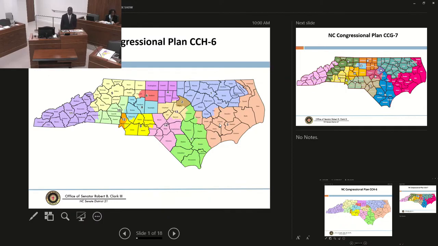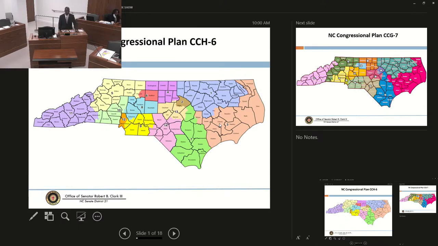Members, as I am reading what is before me, the bill we are considering right now, the map is labeled Senate Bill 738 First Edition. What is being passed out at this point, I'm understanding, will be the proposed amendment from Senator Clark, the map labeled as CCG 7.